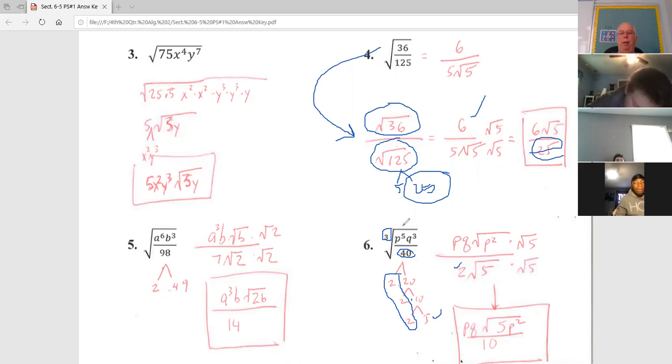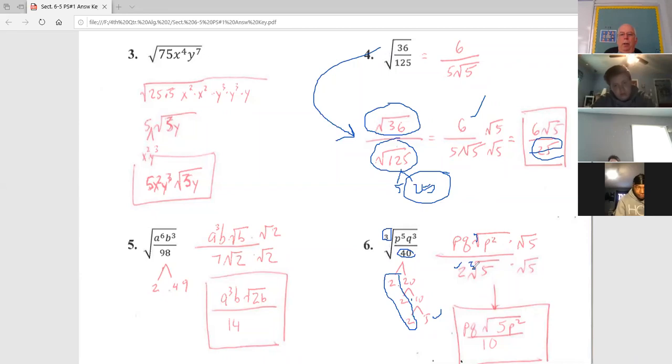And then I think I gave you some hints and clues on Monday. Let's change that p to the 5th to p to the 3rd times p squared, because when we're multiplying identical bases with exponents, we add the exponents. So 3 plus 2 is 5. The p to the 3rd comes out from under the radical as p.